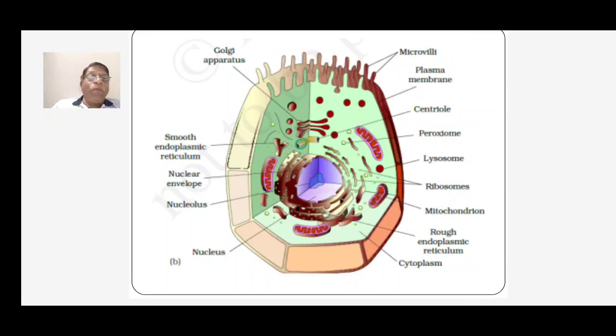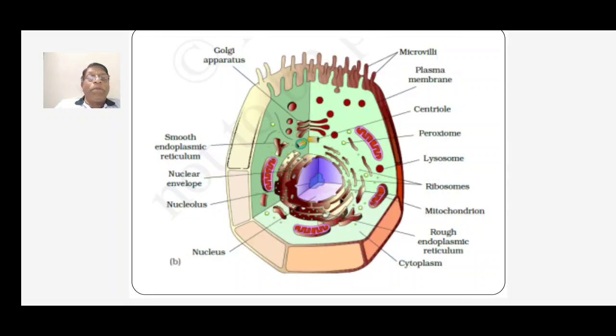The centrosome is present in the animal cell and absent in the plant cell. Now study the cell organelles of the plant cell and animal cell. So that's all about the animal cell.